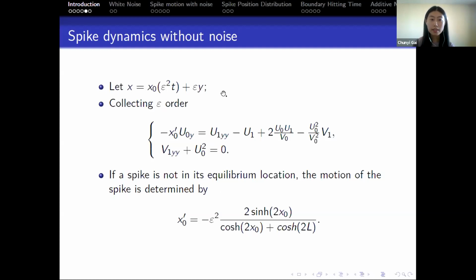By plugging it into the system and collecting epsilon order terms, we get these two equations. From here, we can derive this ODE, which describes the motion of the spike. From this equation, it's easy to see that x0 equals 0 is the steady state, and the corresponding eigenvalue is negative. So the equilibrium is always stable.